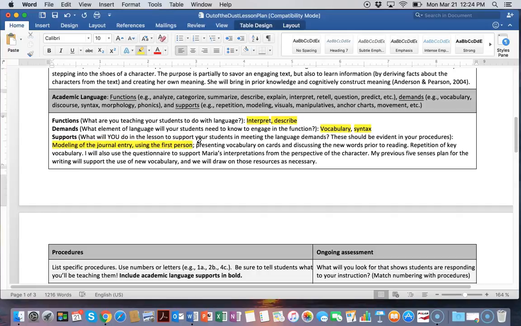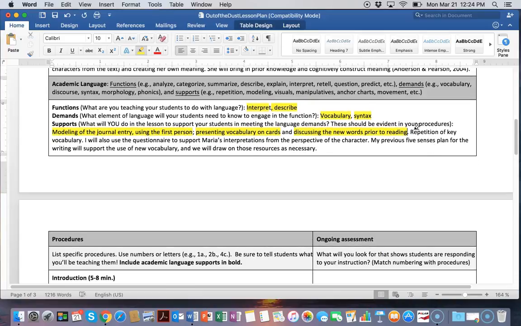She's also presenting vocabulary such as sensory imagery on cards from the previous lesson, and she's discussing any new words prior to the reading of the journal. So this refers specifically to the word perspective. One of the things that she also does is she repeats key vocabulary, in particular the word perspective, throughout her lesson.